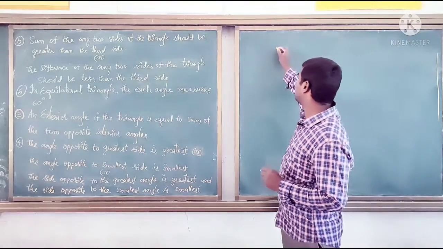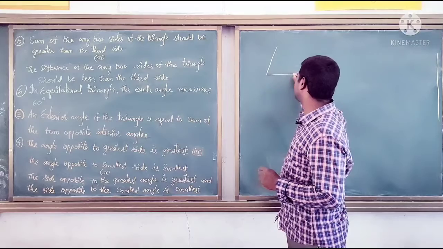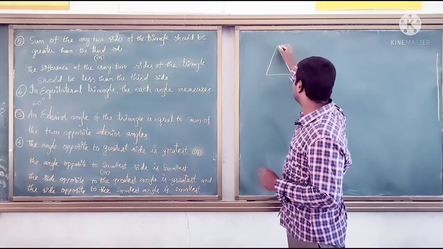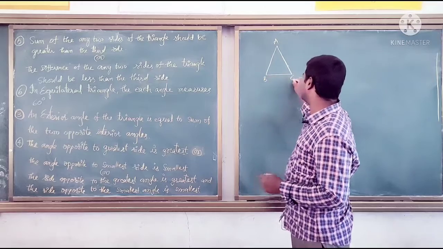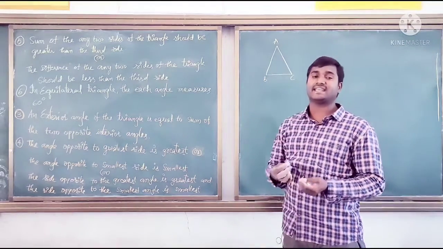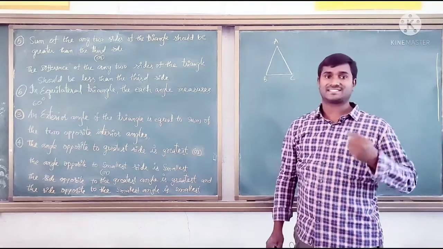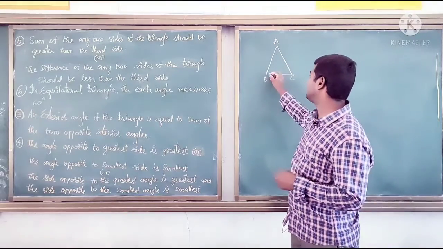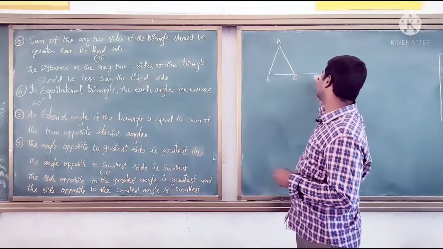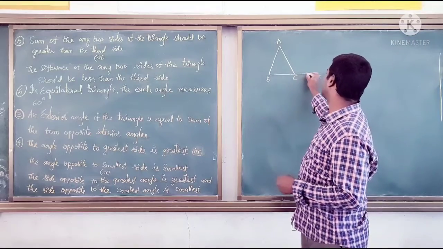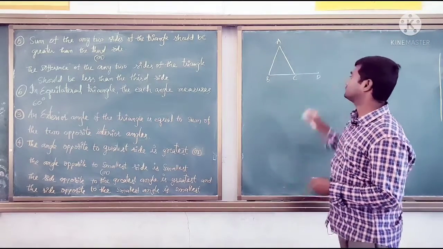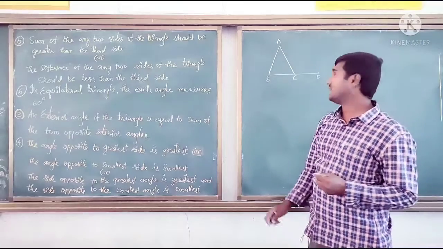See, you can take a triangle ABC. Just extend any one of the sides. I am extending BC up to D. So now I got one more angle outside.